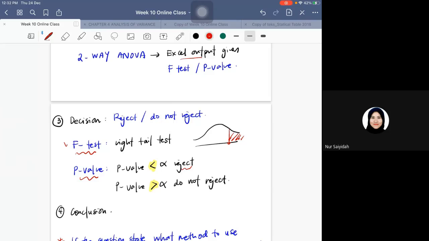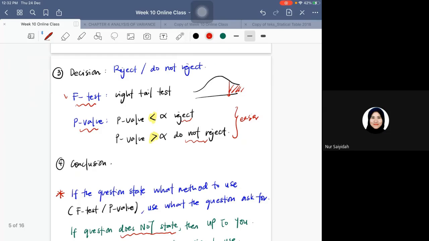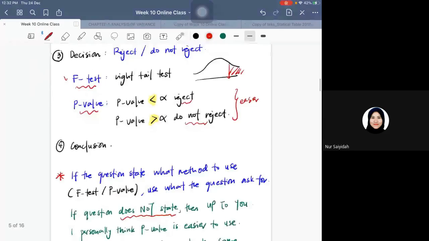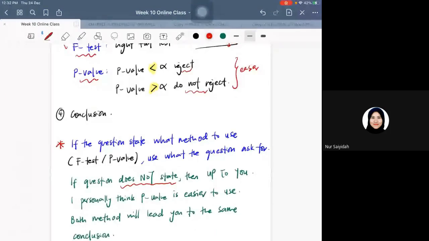If the p-value is greater than alpha, you do not reject. So this is definitely easier. Personally, I think it's easier, but you can do whatever you're most familiar with. And of course, after we have decided whether to reject or not reject, we can come out with a conclusion. So what does rejecting mean? What does not rejecting mean in terms of your hypothesis?